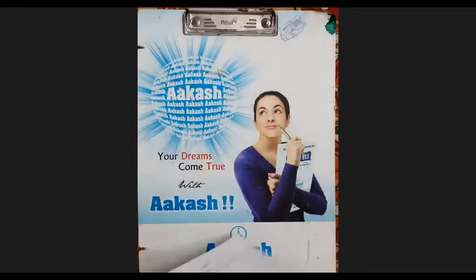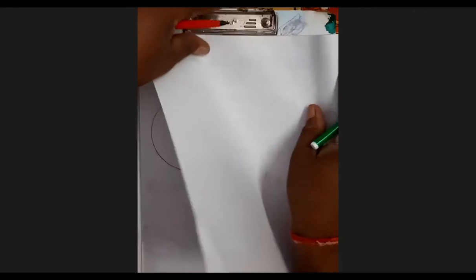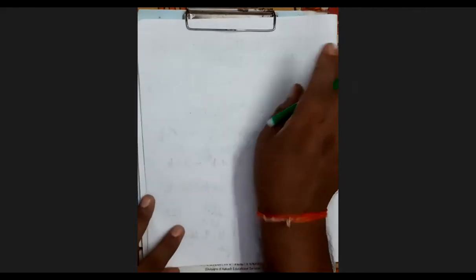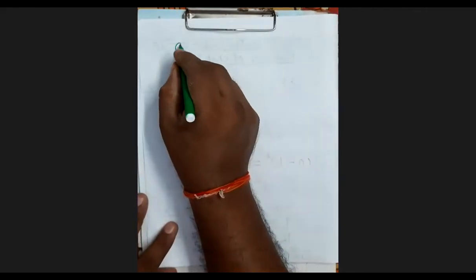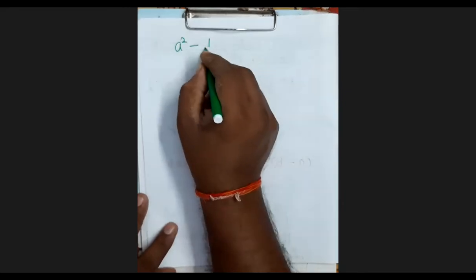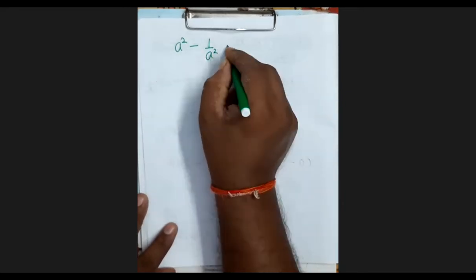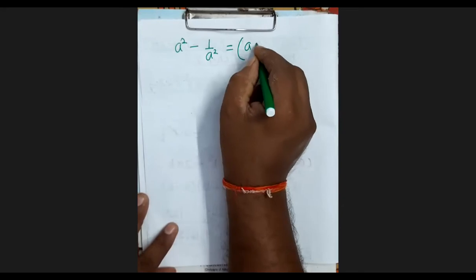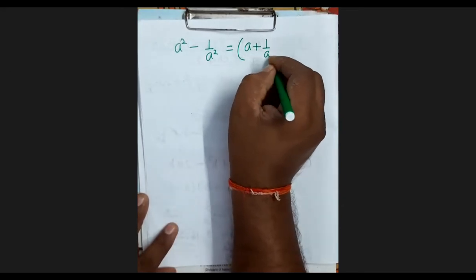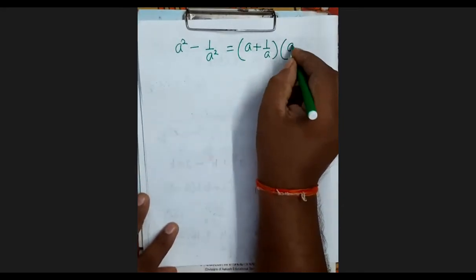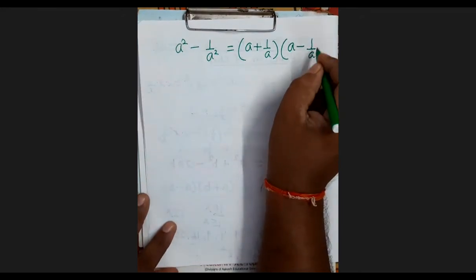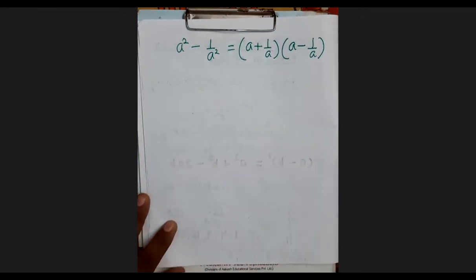So you can see here, this formula can also be written in this form. a square minus 1 upon a square. How can you write it? In one bracket, a plus 1 upon a, in the other bracket, a minus 1 upon a. Okay.